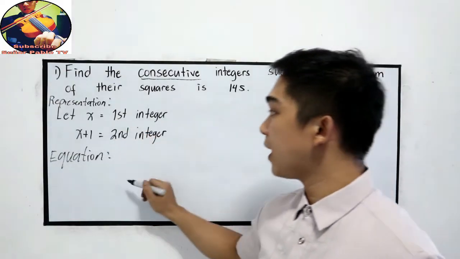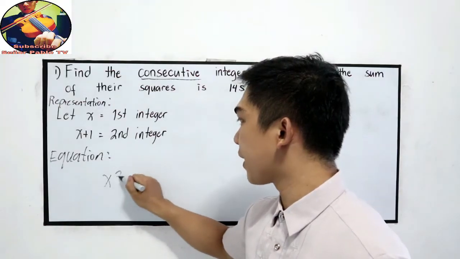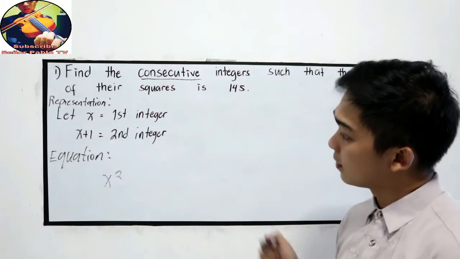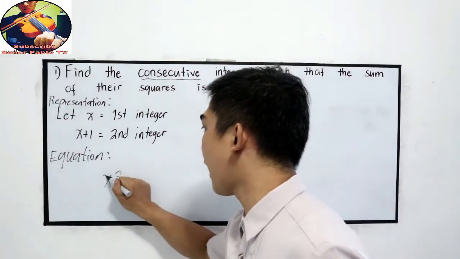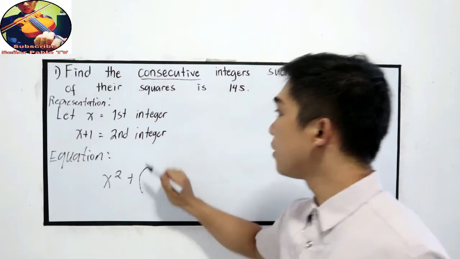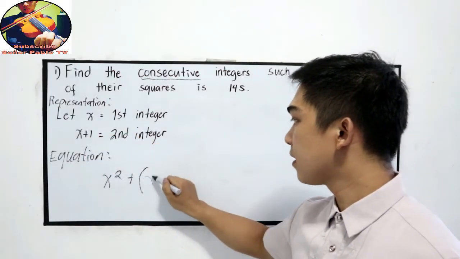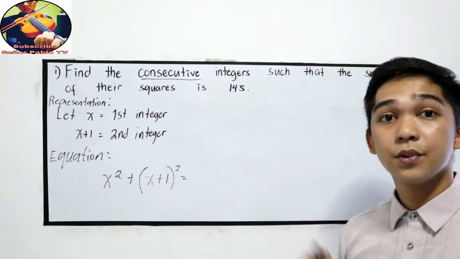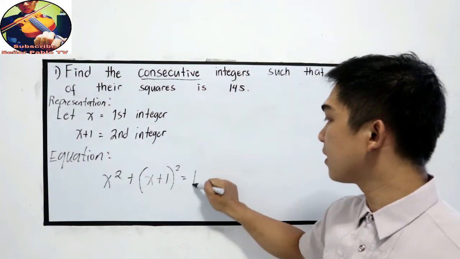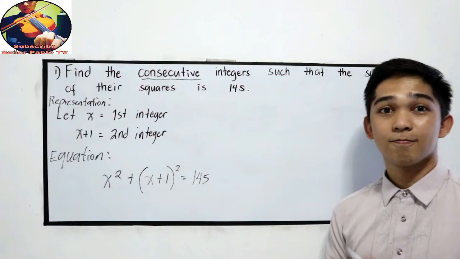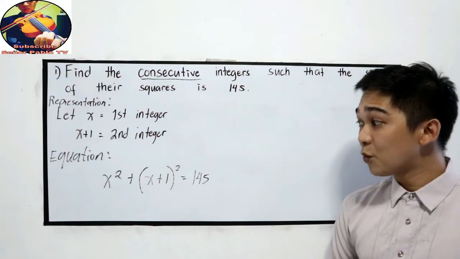Yung square daw nila, so yung x square, x square plus yung square ng isa, x plus 1 square is equal to 145. Yan na ngayon yung ating working equation.